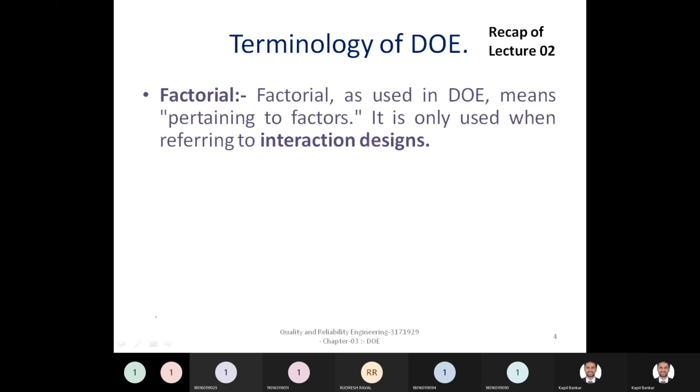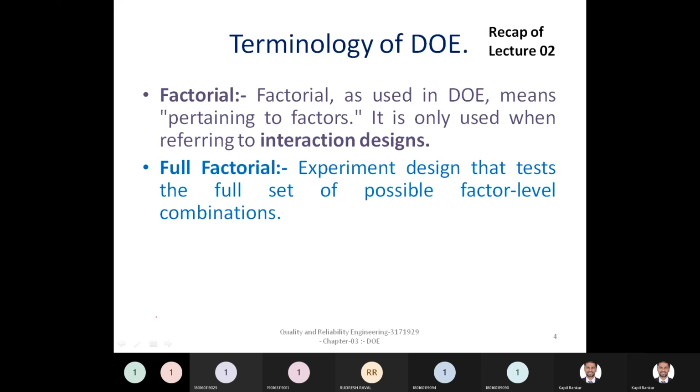Then factorial means it is pertaining to factors. It is related to the factors. Then in the design of experiment, different types of strategies are available, in which full factorial design and fractional factorial design are available. And what is full factorial design? Full factorial design is the design in which you must consider all the sets of possible combinations.